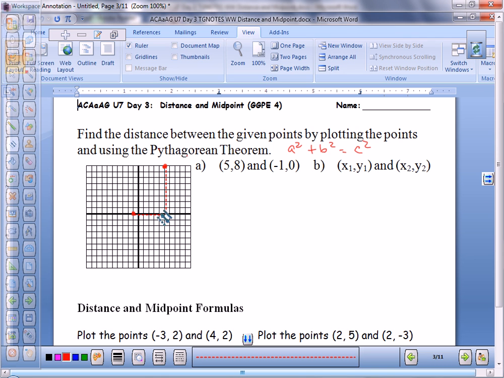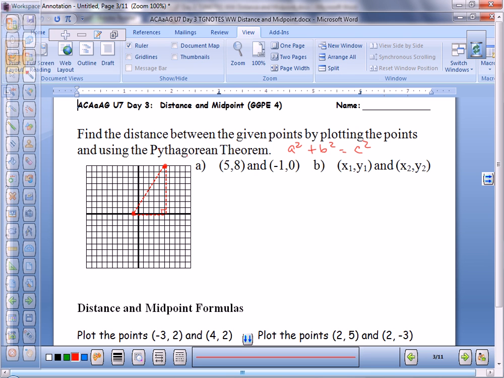And then the distance that I want ends up being the hypotenuse of that right triangle. And that's how we can apply the Pythagorean theorem to find the distance. Does that make sense?